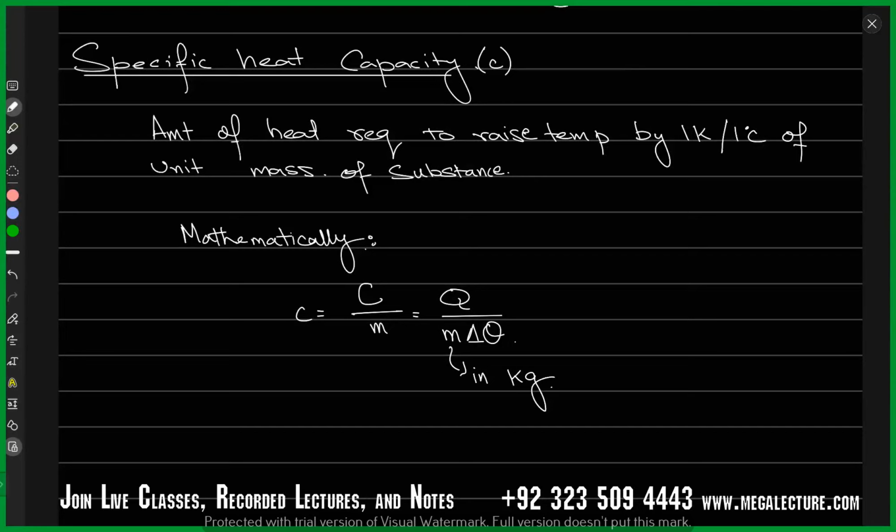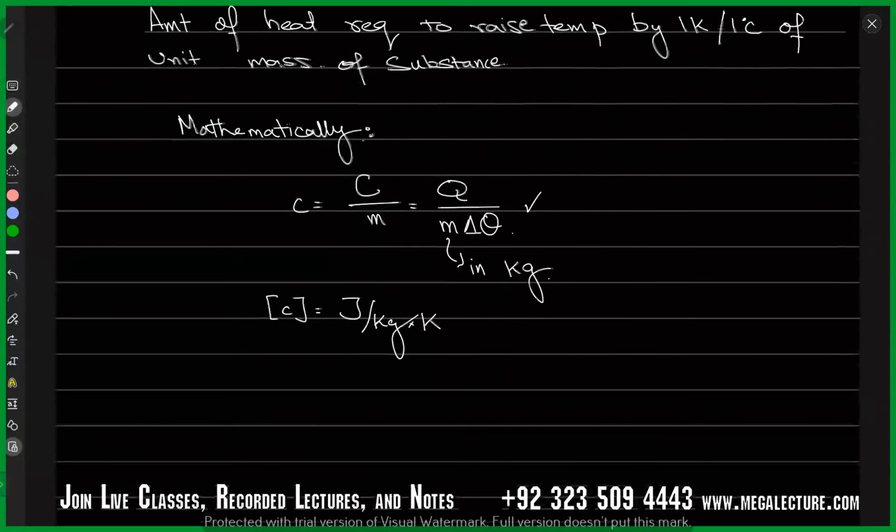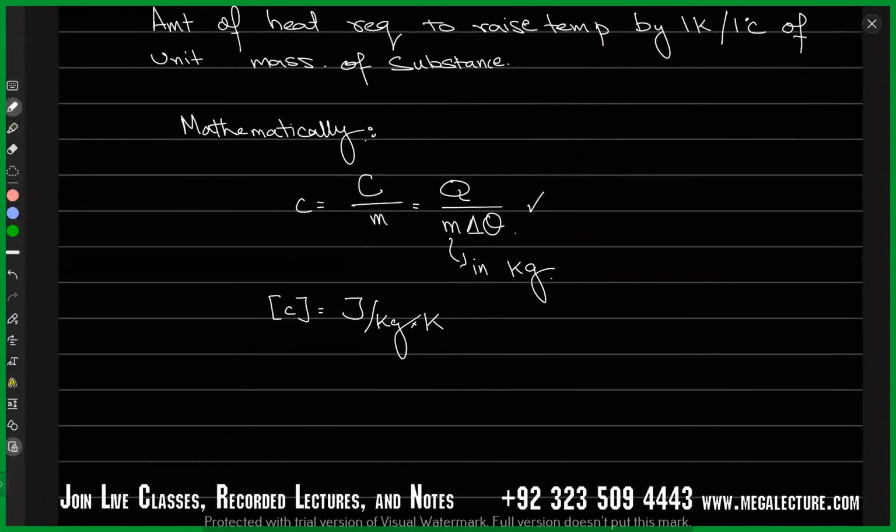So this means that the SI units for specific heat capacity is just joules per kilogram, and you can multiply with kilograms the units for temperature, which is kelvins, or it can be degrees Celsius. And this expression might be weird to remember, but you can write the same expression in terms of the thermal energy.